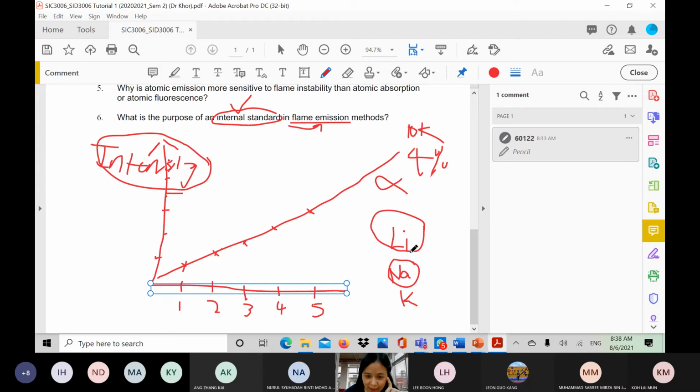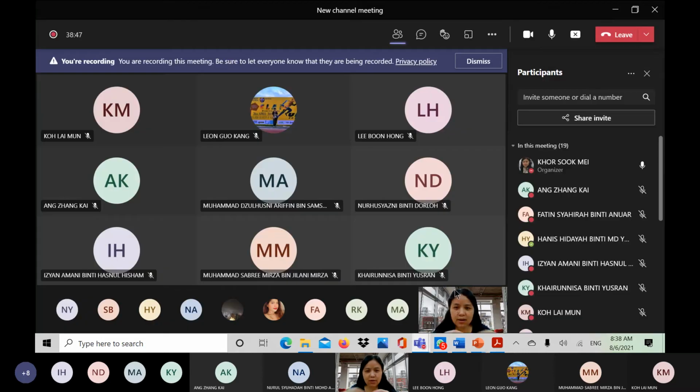I need an internal standard, lithium. So how can I relate sodium and lithium? How can I make a relationship, right? I know that the environment change will affect my target analyte, sodium, and also my internal standard, lithium. But how can I link all this together so that I can plot a reliable calibration plot in order to perform an accurate quantitative measurement?